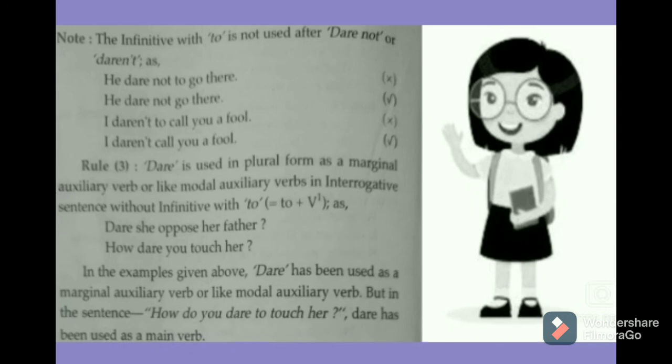In the examples given above, dare has been used as a marginal auxiliary verb or like a modal auxiliary verb. But in the sentence, how do you dare to touch her, dare has been used as a main verb. So children, we have seen up to here.